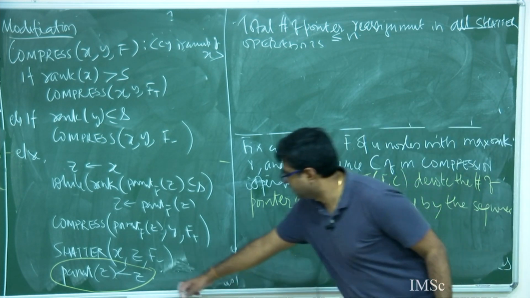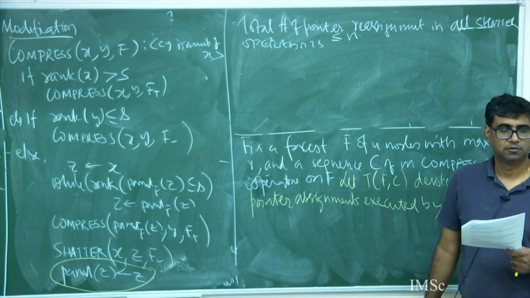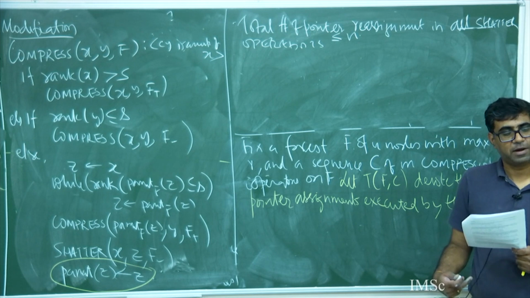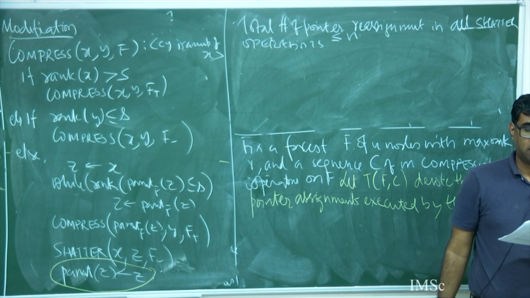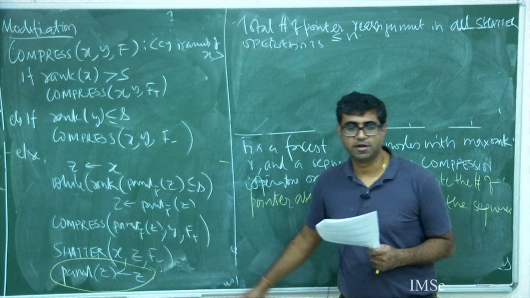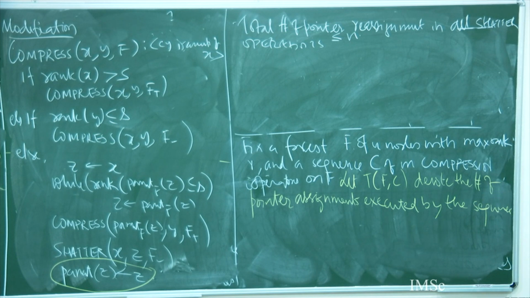How many times will we do this redundant assignment? Each path compression has to go through. How many times will this redundant operation happen? My claim is, let's try, I claim this is upper bounded by m plus.